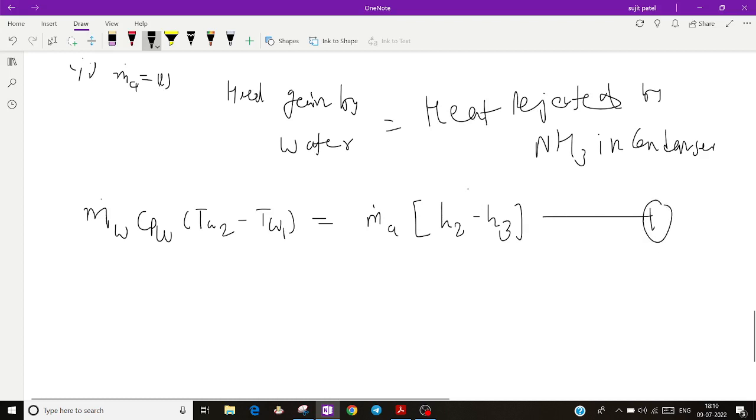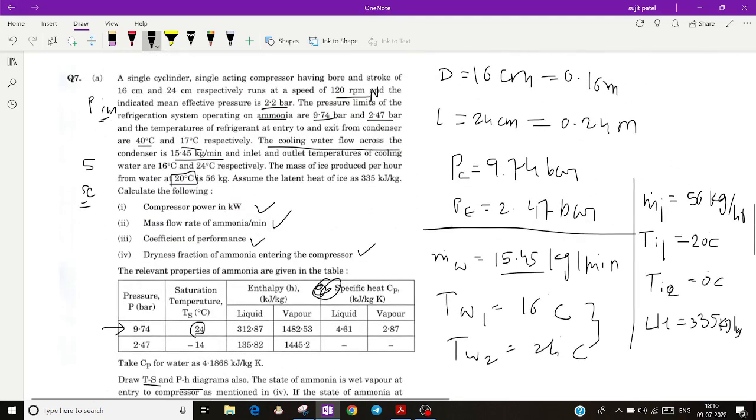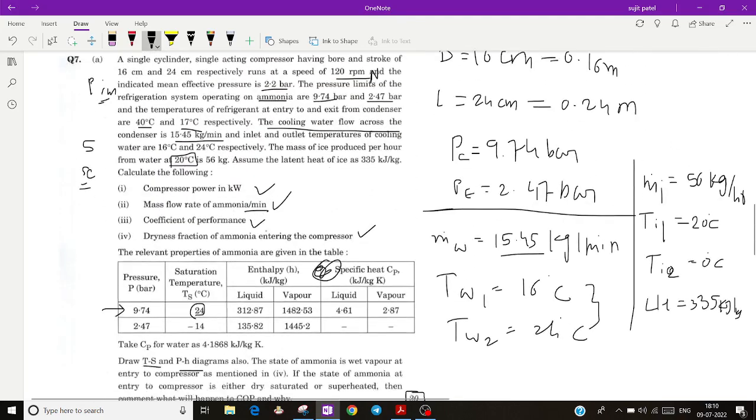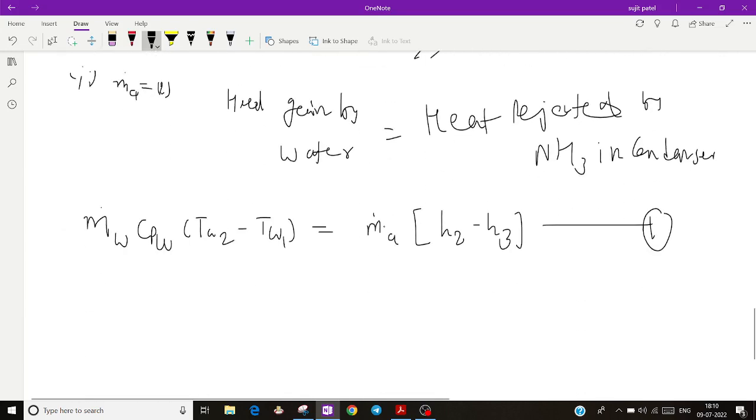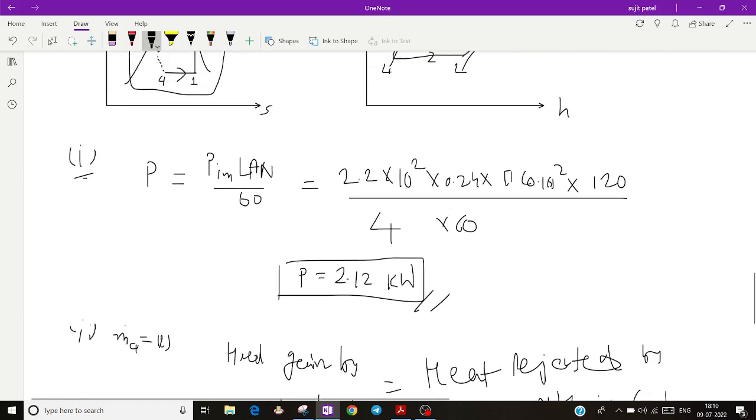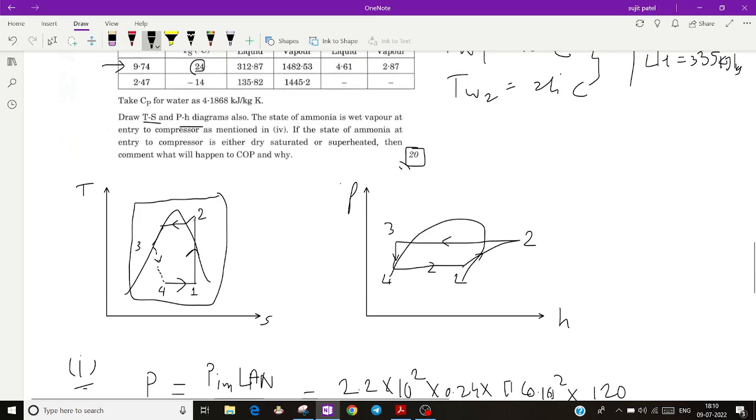Now we don't have the values of H2 and H3. The mass flow rate of the ammonia is asked per minute, and the water flow rate is also given per minute, so that is very good. Now how to find H2 and H3? Look at the TS diagram. Point 2 is in the superheated region at 9.74 bar, and 3 is in the subcooled region.